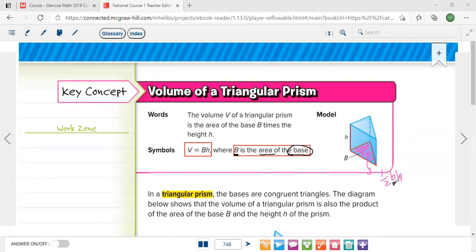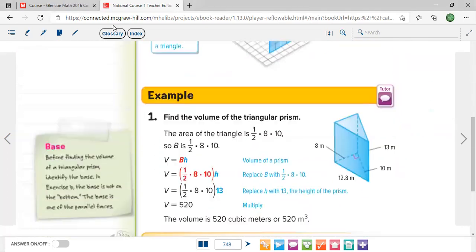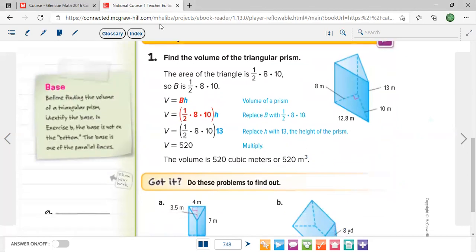But small letter b, lowercase b, means, if you have a triangle like this one, the length of the base, and h is the height. So this is our aim in this lesson, to find the volume of triangular prism, and let's see how we can find its volume.